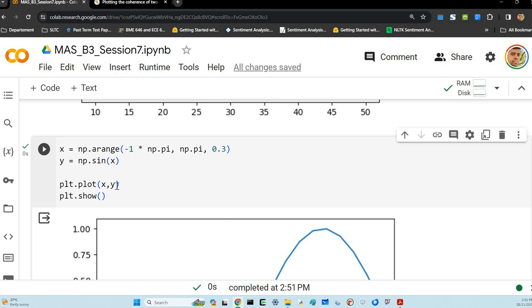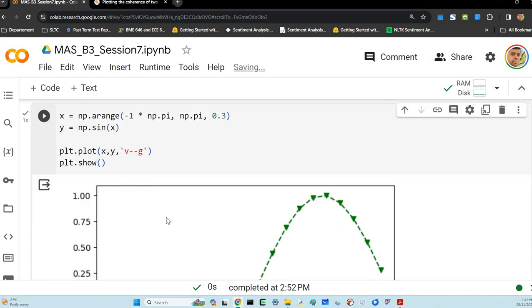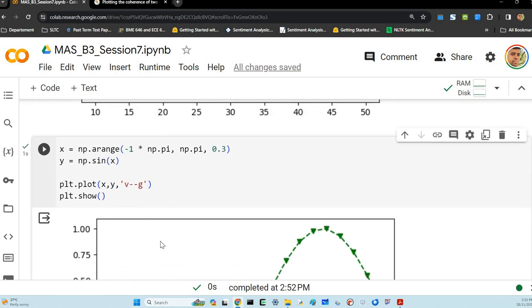If you want, you can change. For example, we can say green, V, two dashes, and we say green. You see how my graph looks right now.